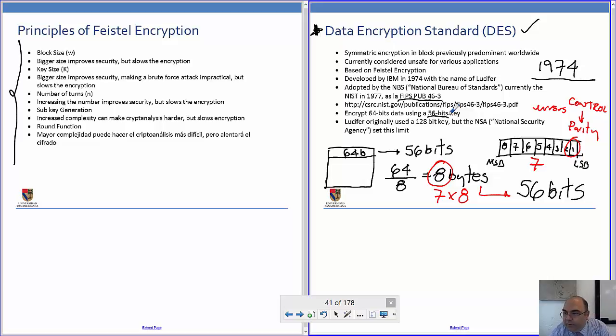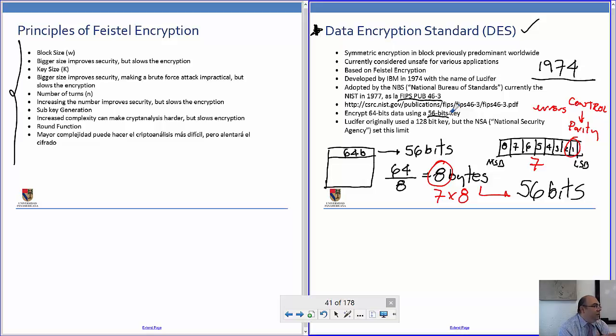Lucifer, in the early stage of Lucifer, it was a 128-bit key. But as always, NSA and NIST get into the cipher and modify the algorithm to make it weaker.